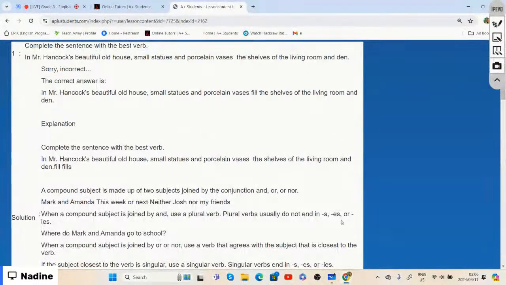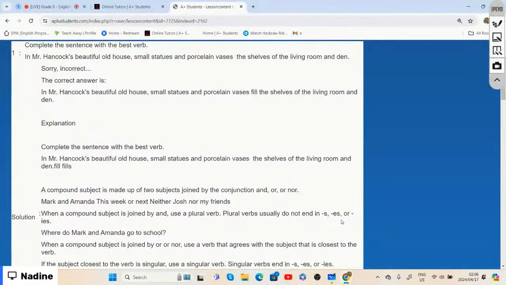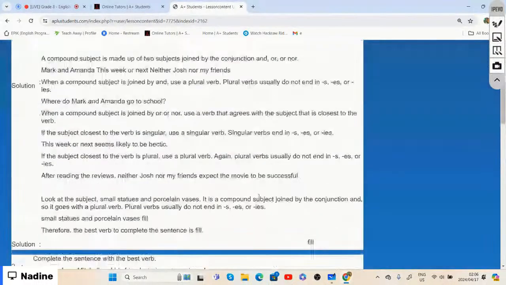A compound subject is made up of two subjects that are joined by a conjunction, which is and, or nor. For example, Mark and Amanda, that is a compound subject. It's two subjects, Mark and Amanda, or it can be Jenny and Jane. But it's basically two subjects.